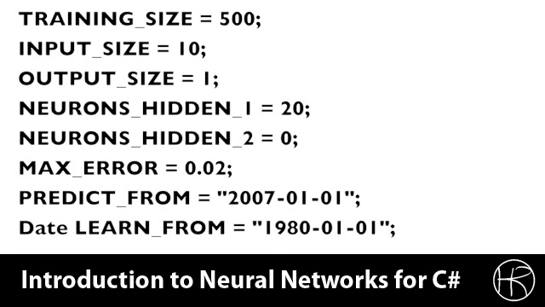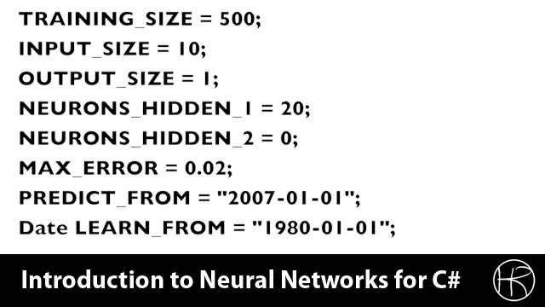Now these values that we actually pass into the neural network are percents. We feed the neural network the percent changes that occurred over these 10 periods, and it should then predict the percent change for the 11th period that occurs after this.